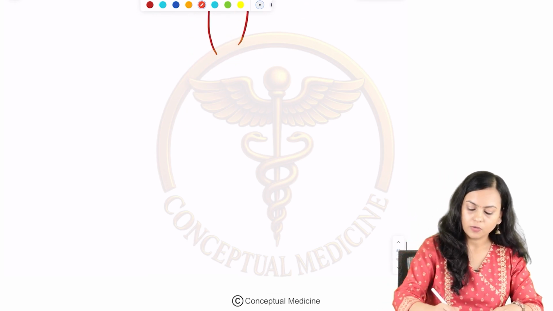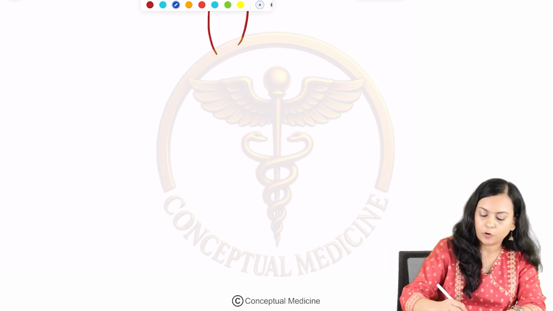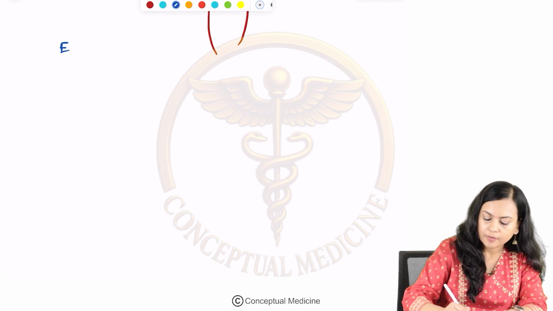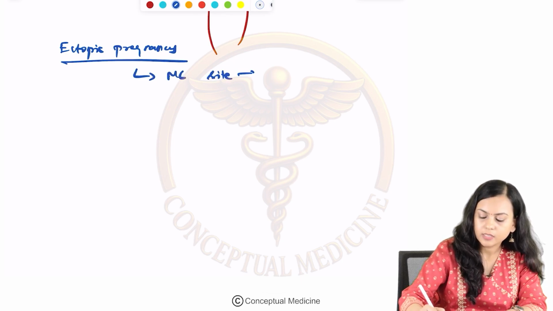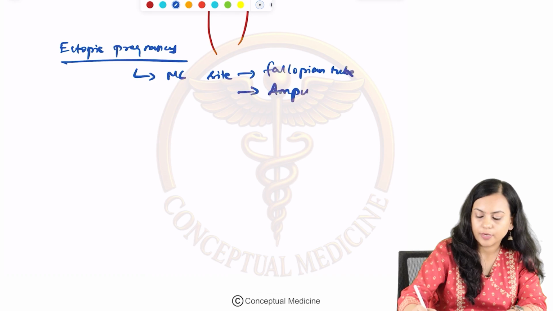Okay. So since the fertilization is happening in the fallopian tube, it also becomes the most common site of ectopic pregnancy. So for ectopic pregnancy, the most common site is the fallopian tube, and in the fallopian tube, it is the ampulla of the fallopian tube.